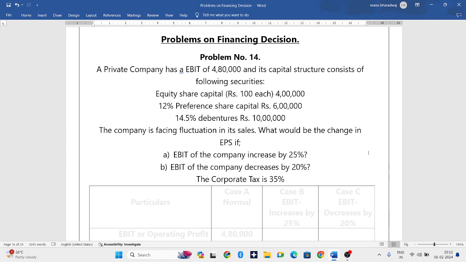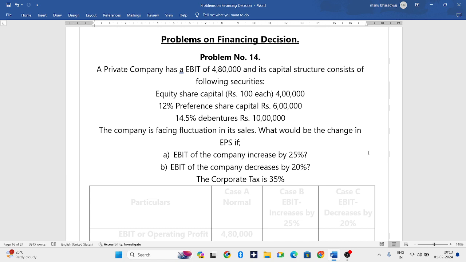The company is facing fluctuation in its sales. What would be the change in EPS if the EBIT of the company increases by 25% and the EBIT of the company decreases by 20%, if the corporate tax is 35%? So three cases you have to solve.